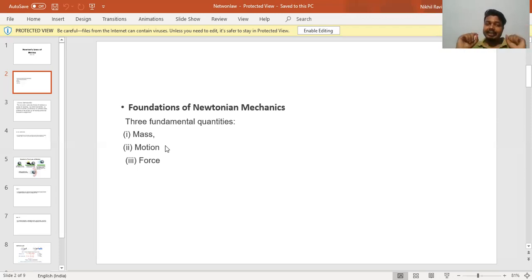So obviously force is a push or pull. How do we apply the push and pull? It is a push or pull upon objects.